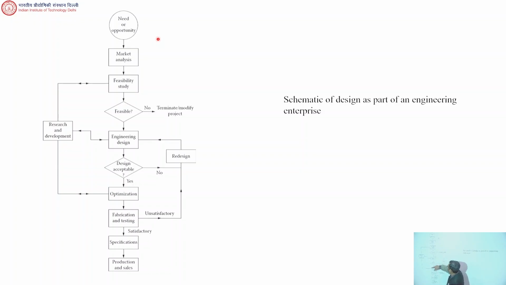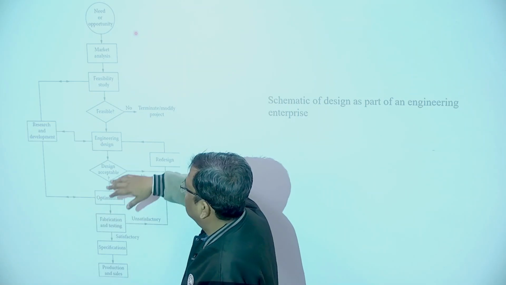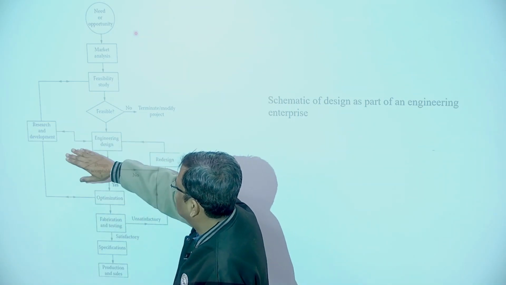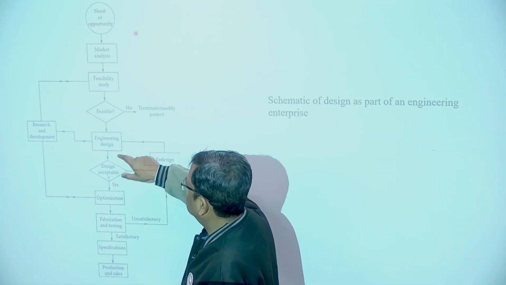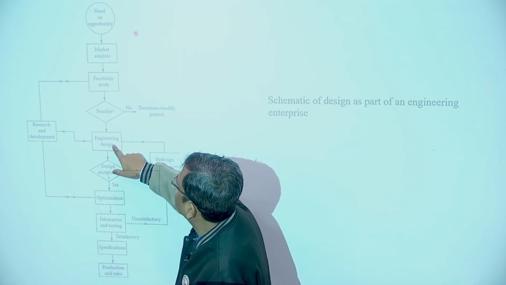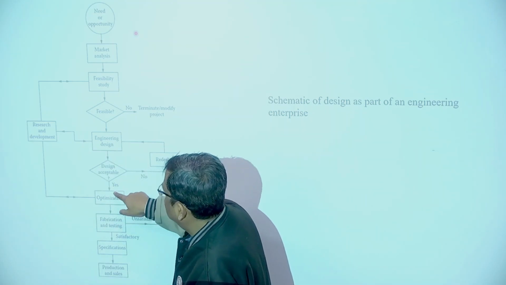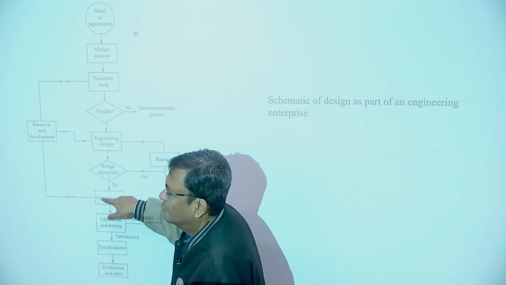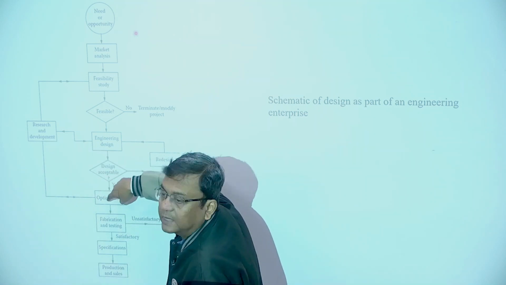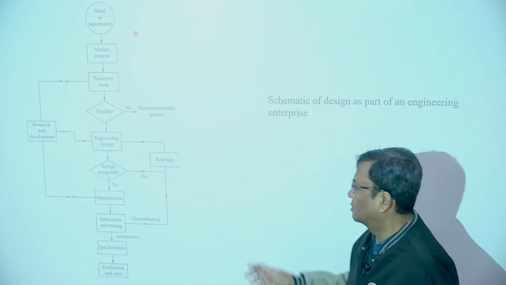If it is feasible, then you do some research and development, and that goes into your design also. And even when you optimize, there is some interaction between research and development and optimization.